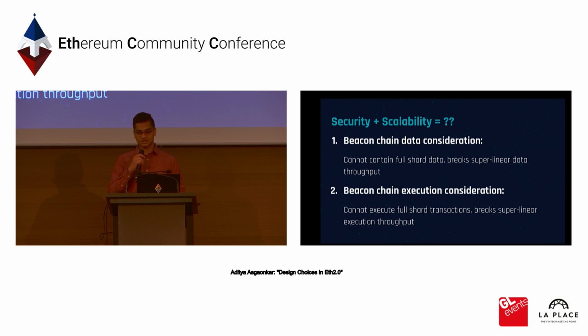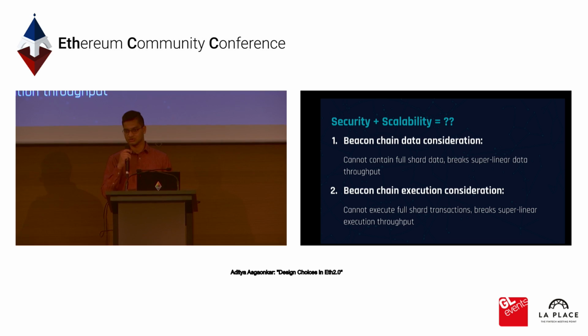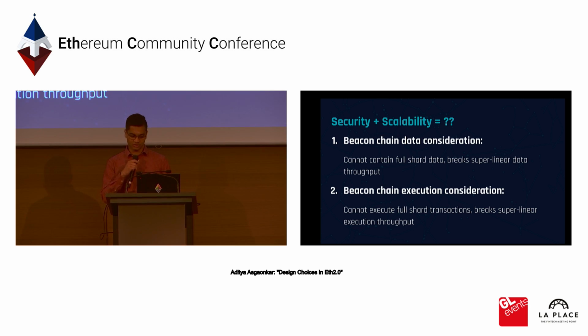And the other is similarly the execution consideration, where if all transactions from all shards get executed in the beacon chain, then all nodes in the system are executing all transactions in the system. And so this breaks superlinear execution throughput, which is not what we want.